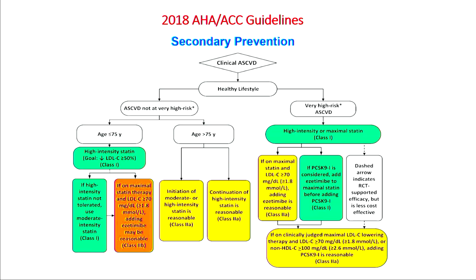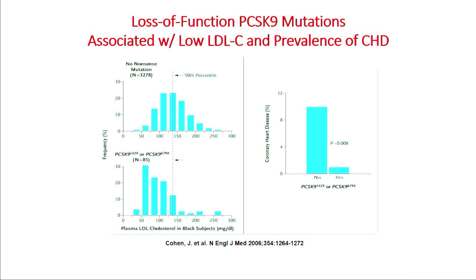And then if on clinically indicated maximal LDL lowering with LDL 70 or more, or non-HDL 100 or more, adding a PCSK9 inhibitor is reasonable, and that's a class 2A recommendation, so as close as you can get to the 1A, to the class 1 recommendation.